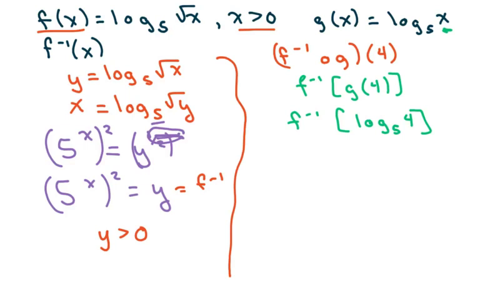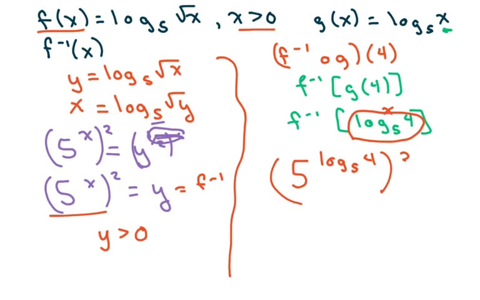So this is your new x, and you're going to plug this into your inverse here. So we're going to write 5 to the log base 5 of 4, squared. And as I did in the previous slide, we know that the answer to this is just 4. So we have 4 squared, that equals 16, and that's your answer.